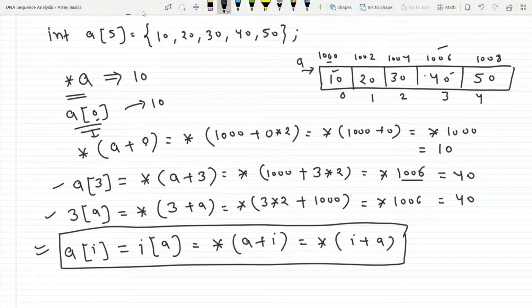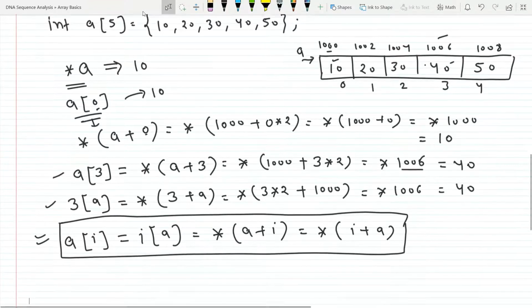Now let us take one previous year GATE question and solve that. What does the question say?